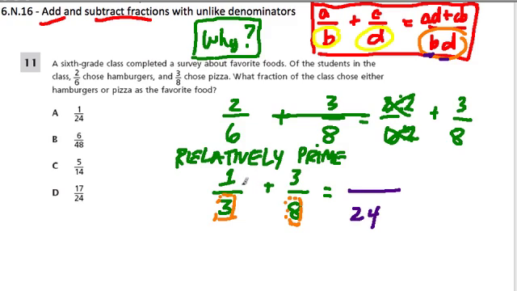And then, well, I can't just add 1 plus 3 because I've rescaled these fractions. So instead of 1/3, I'm going to multiply 1 by 8 and 3 by 8. That's how I get 24. And then we'll multiply 3 by 3 and 8 by 3. Essentially, that's just multiplying by 8 and then dividing by 8, so I'm not changing these fractions.